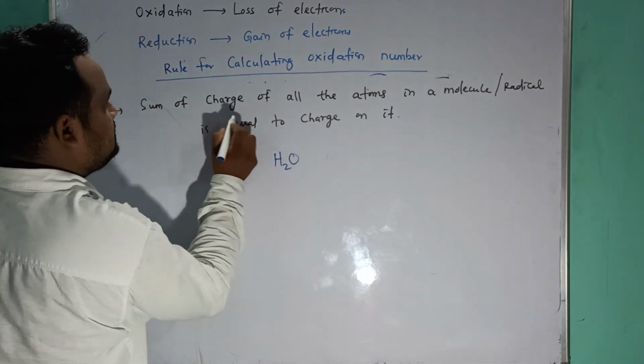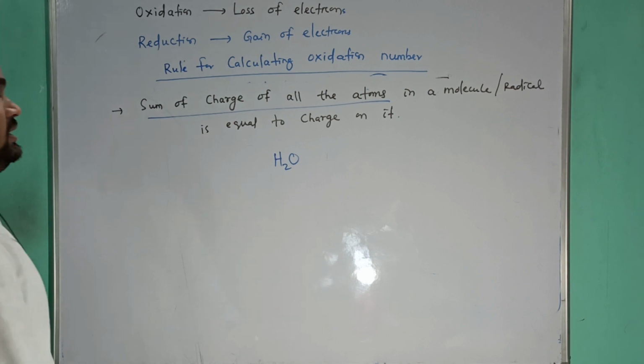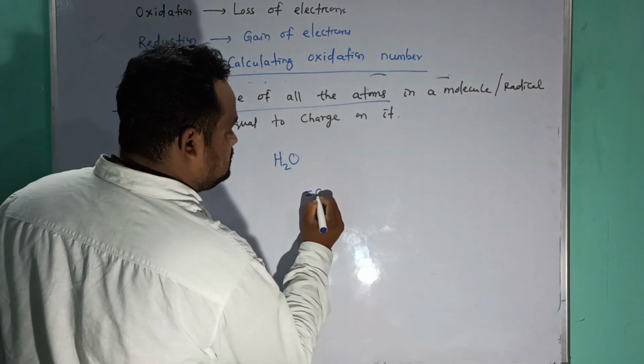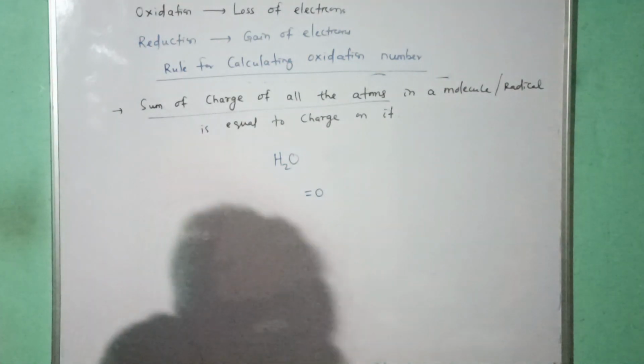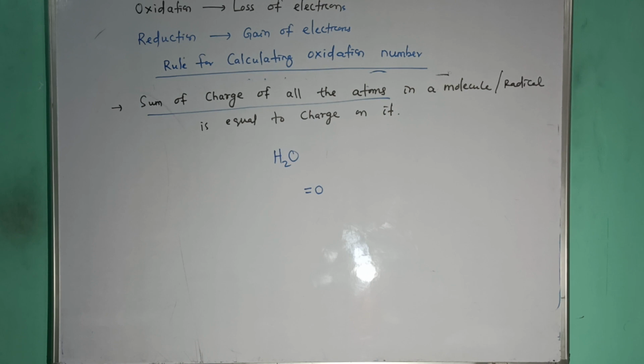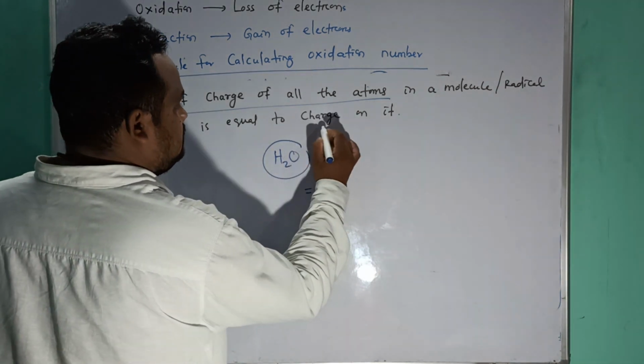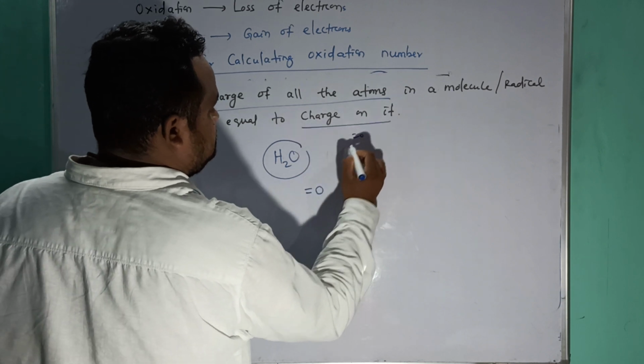What is the sum of the charge of all the atoms in the molecule equal to the charge on it? It means equal to 0. So the charge on the molecule is 0.